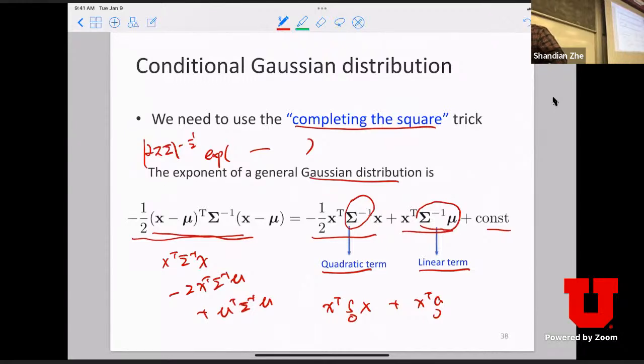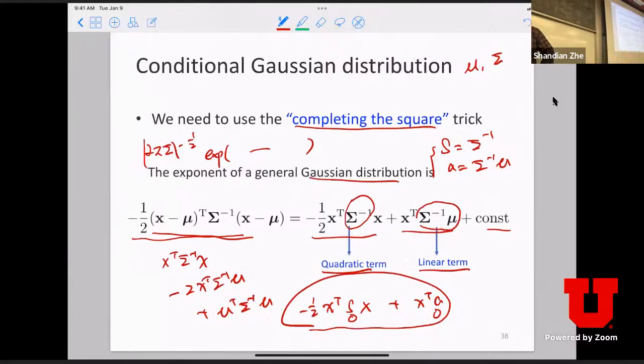From the quadratic term, sorry, I need to put minus half here, s must be sigma inverse, and the coefficient of the linear term must be sigma inverse mu. Now you can recover the parameters mu and sigma from your derivation.